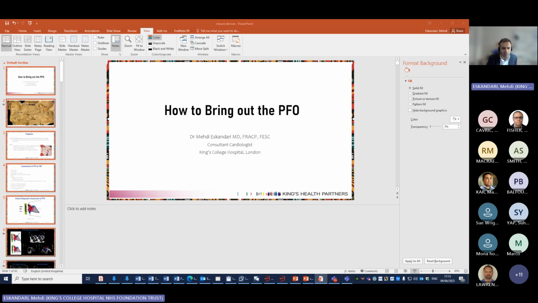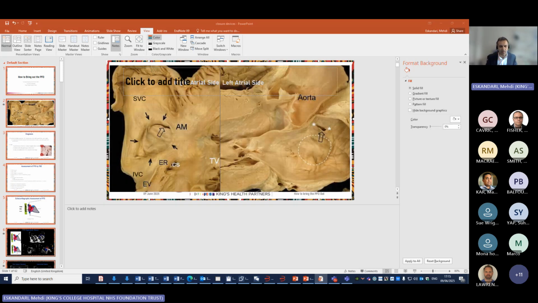And with that, I'd like to start with a bit of embryology that essentially tells us how this foramen ovalis is formed. Early in development, as you would know, there is a single common atrial chamber, the primitive atrium, and then you have the septum primum, a relatively thin crescent-shaped structure coming down, and at that point you will have the ostium primum, which allows for the shunt of blood from the left side to the right side within the fetal circulation.